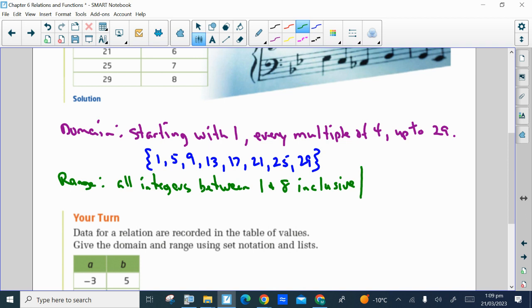Now, because they are consecutive integers, you could also do this using set notation for the range. We could say all values of y such that y is greater than or equal to 1, less than or equal to 8, and we would say y is an element of integers. Instead of real numbers, we would say y is an element of integers. So we did the range in words.